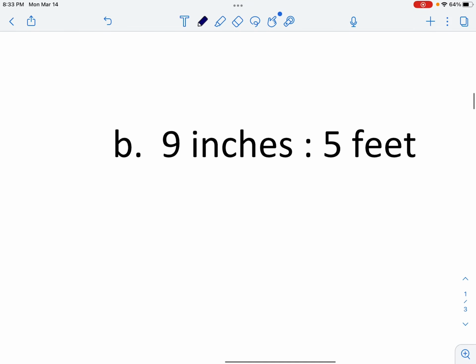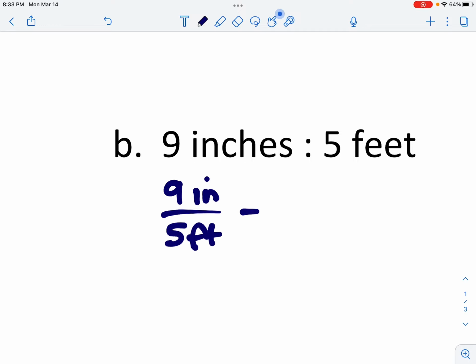Letter B, 9 inches to 5 feet. So we have to convert everything to inches because I don't have enough inches to make feet, but I do have enough feet I can turn into inches. So we're going to put 9 inches over 5 feet. And to convert that, how many inches do we have in a foot?